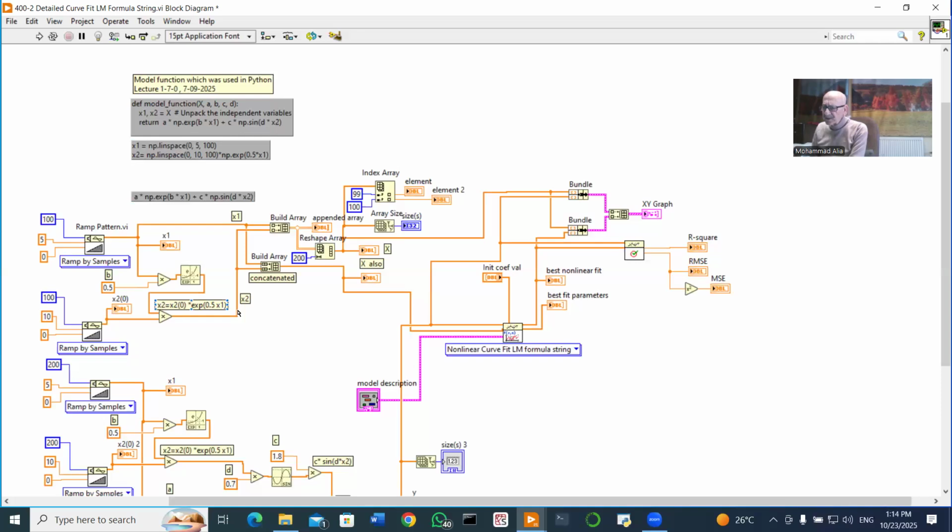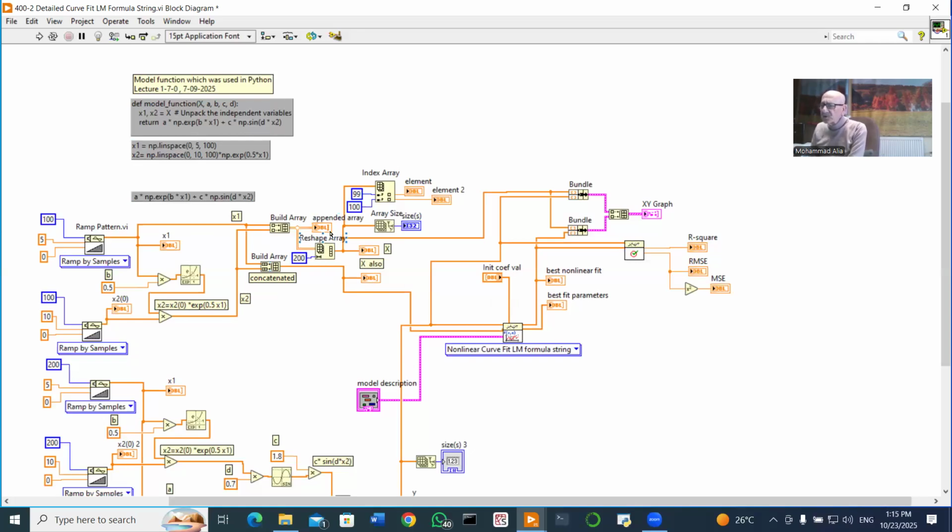Now we use x2 and we use x1 through a build array. We can concatenate both, and here we shall have a one-dimensional array which feeds the x input.